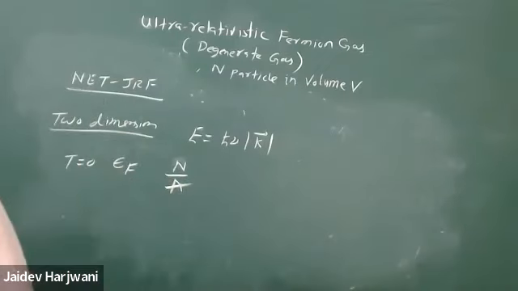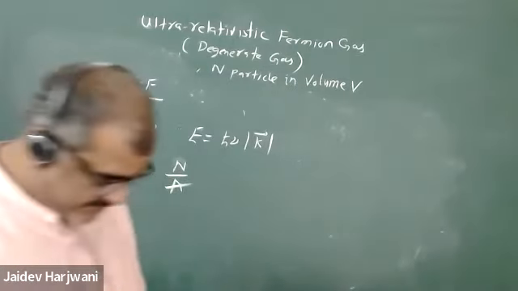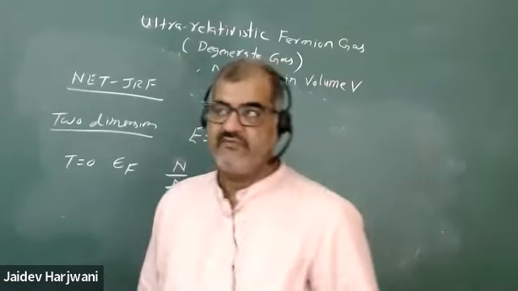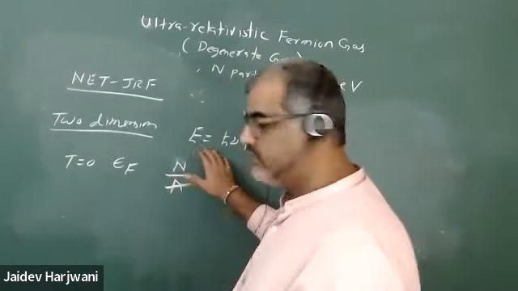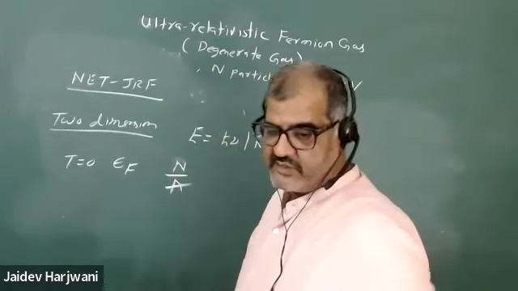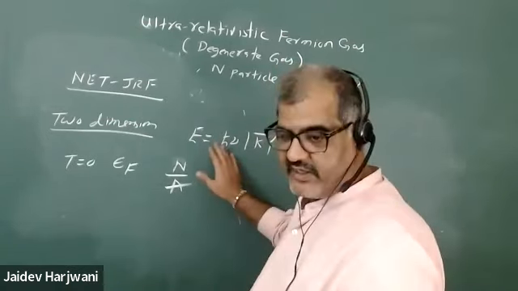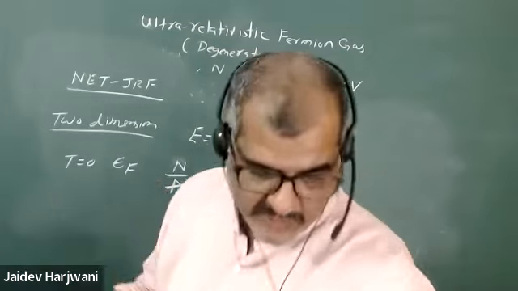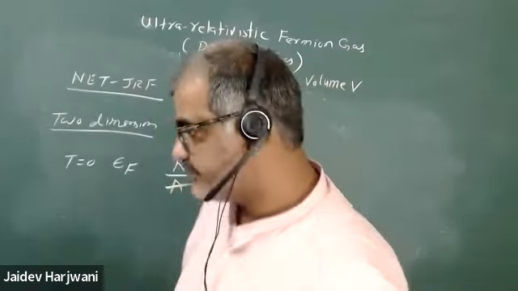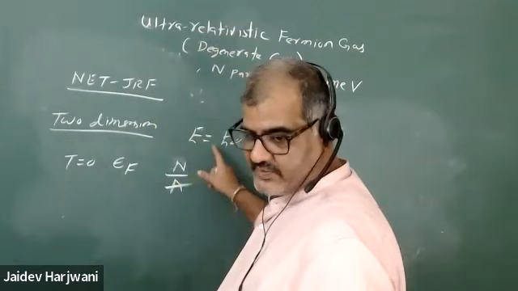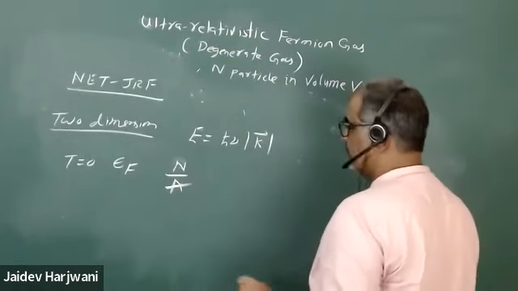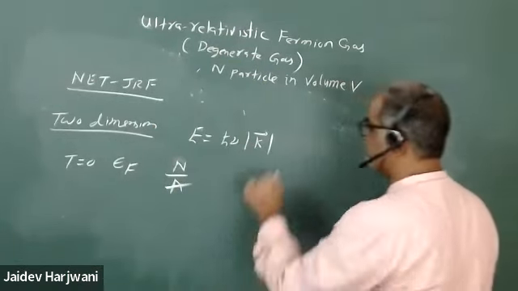In 2 dimensions, what we have done for Fermi energy is E equals h cut square k square by 2m. Now here the relation is different, so you again need to calculate the Fermi energy for 2D for this dispersion relation.